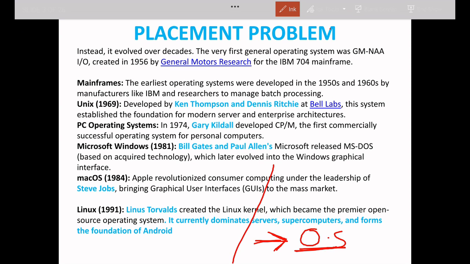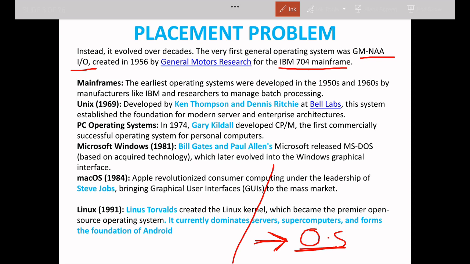The first operating system was GM-NAA I/O, developed in 1956, only for research purposes. North American Aviation developed it for the IBM 704, and it was a batch processing system at first.